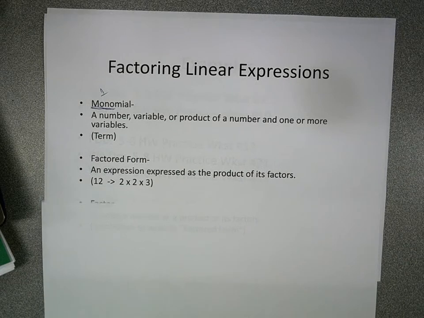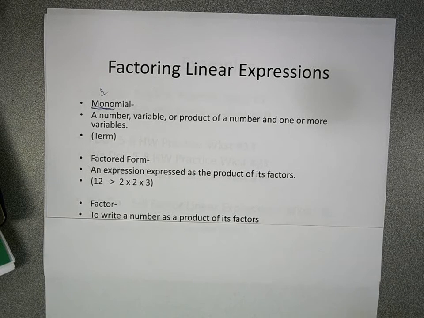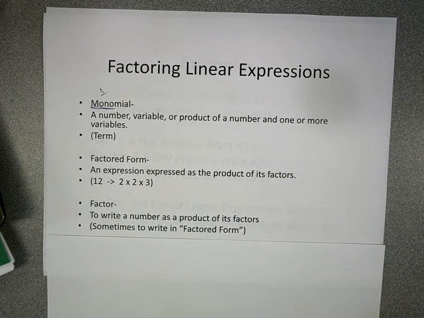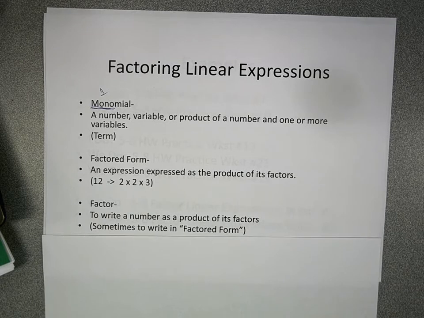Now, the next word is factor. Everyone? Factor. Here's what factor is. This is to write a number as a product of its factors. In your little box, you can just put sometimes to write in factored form.